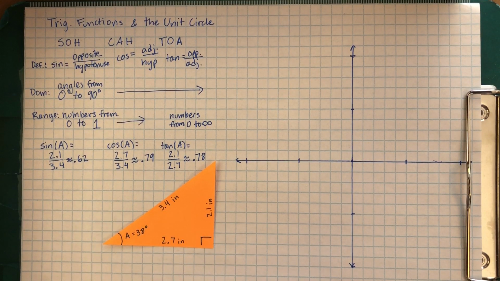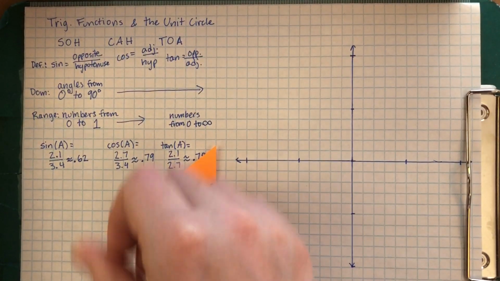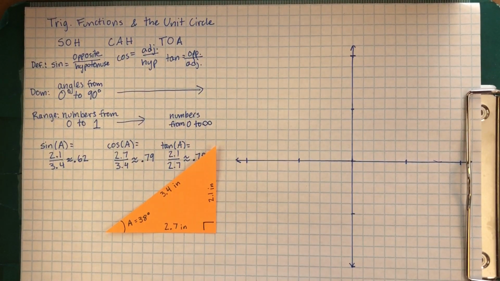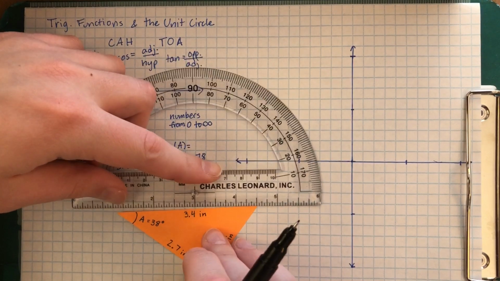I'm actually going to take this triangle and cut it to be a different size. It doesn't matter what size, but I'm going to cut it so that the hypotenuse has a length of exactly 1 inch.